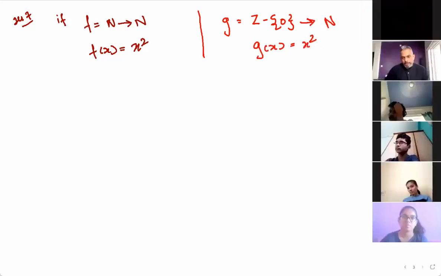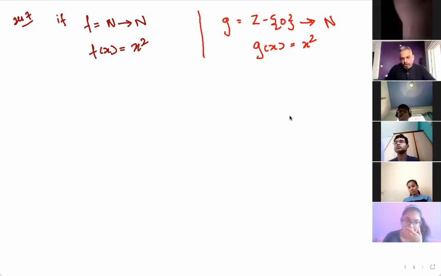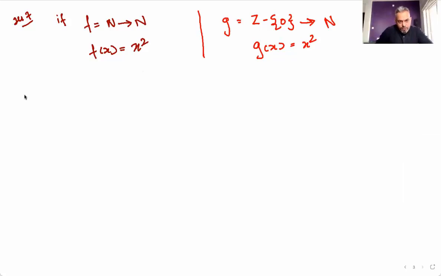Now, apparently when you see both of these functions, you will say, sir, these both are equal. But over here we have to see the first condition first. What about their domain? Are their domains same? So let me write domain of f is equal to A, which is equal to N. So N is what? N is natural numbers. So I'll write 1, 2, 3, and so on, so forth.